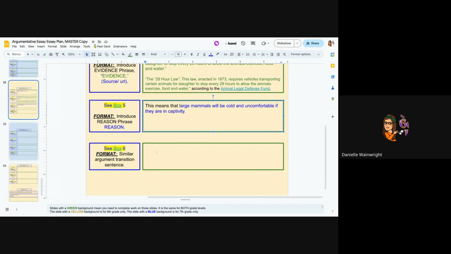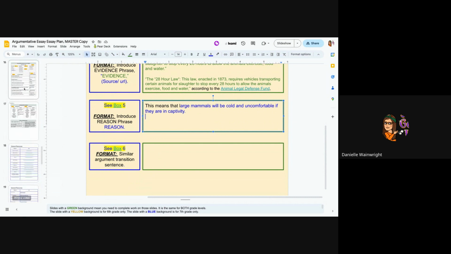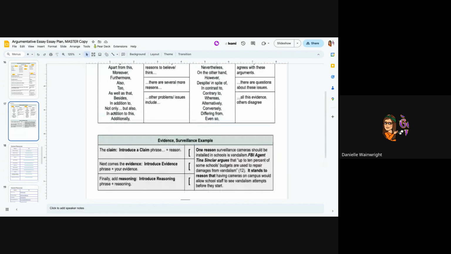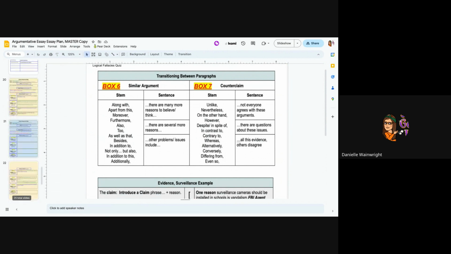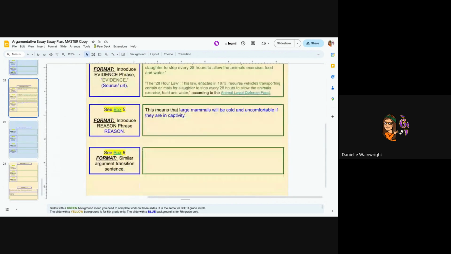But basically, 6th graders, you're going to go to box 6 and find another transition that leads you into more evidence. You can pick a whole sentence frame or you can pick a word. Remember that if you pick a word, all that means is it's going to change how you connect your next paragraph, which we'll talk about more when you get to putting it all together, which is the final draft phase. So this time I'm going to use a word.